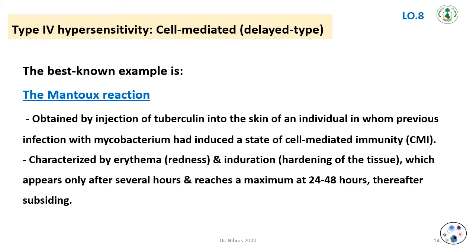The Mantoux reaction is obtained by injection of tuberculin, an extract of Mycobacterium tuberculosis bacteria, into the skin of an individual in whom previous infection with Mycobacterium had induced a state of cell-mediated immunity, characterized by erythema, redness, and induration, hardening of the tissue, which appear only after several hours and reach a maximum at 24 to 48 hours, thereafter subsiding.